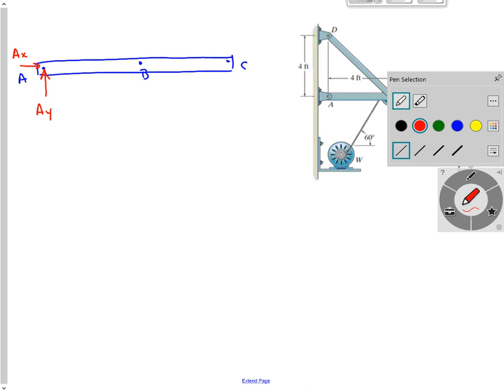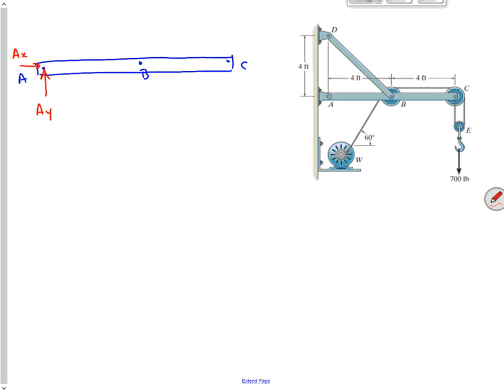I've got pin reactions at B, which are the opposite of what they were on the pulley, so I'm going to get pin reactions this way and this way. And pin reactions at C, which are the opposite of what was on the pulley, so I'll get a force this way and this way.